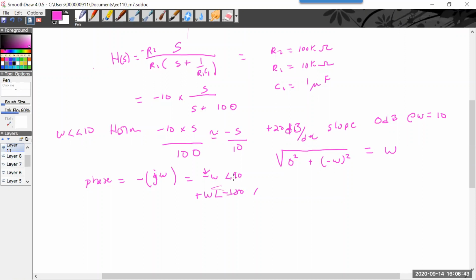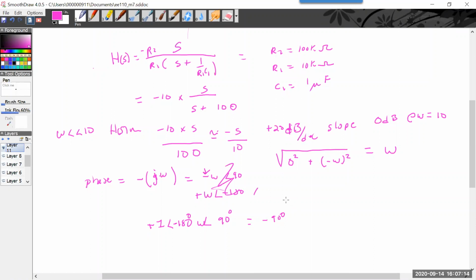Minus 1 has a phase of minus 180, and j omega has a phase of 90, which starts us off at minus 90.